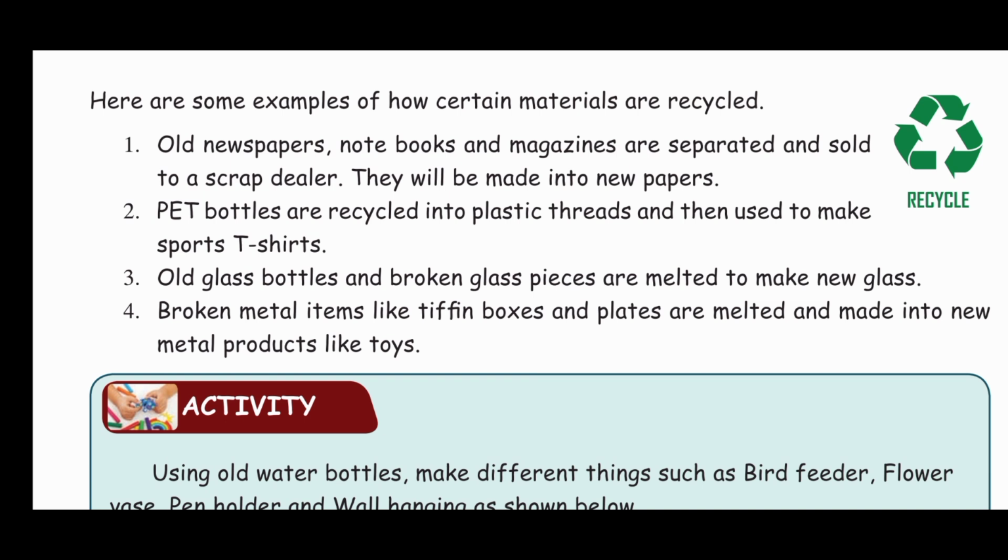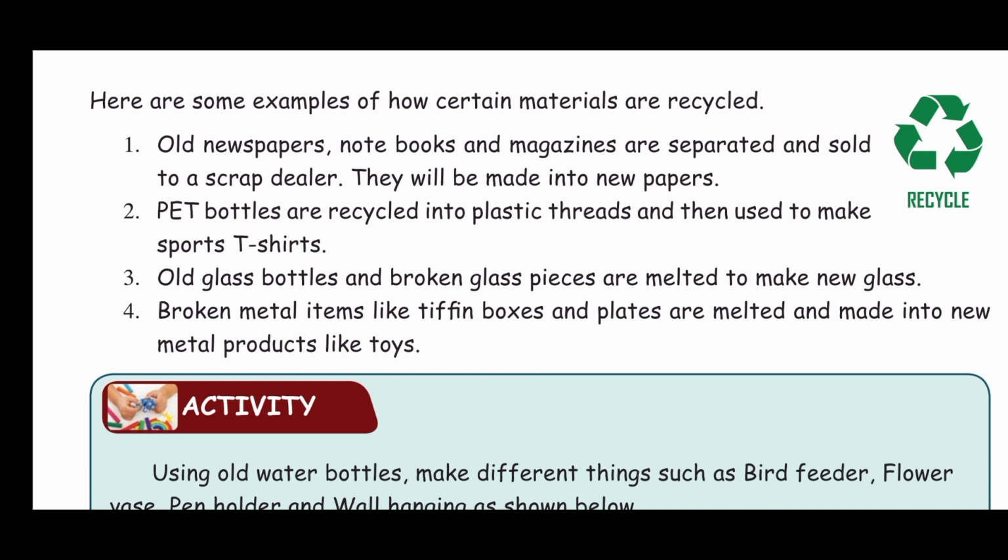Second one, pet bottles are recycled into plastic threads and then used to make sports t-shirts. So the bottles we use can also be recycled. They can be made into threads first and then used to make sports t-shirts. Third one, old glass bottles and broken glass pieces are melted to make new glass. So old glass bottles which we use are melted again and they can make a new glass jar out of that.